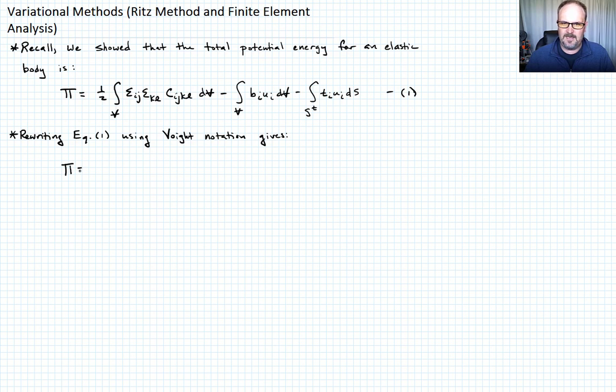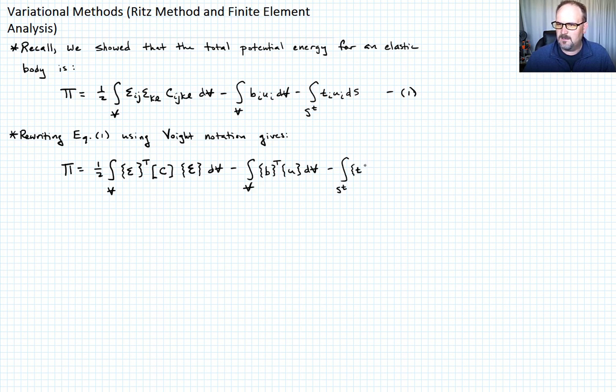Here we'll say pi is equal to 1/2 integral over the volume, except now instead of this epsilon ij term, we're going to have the strain vector, epsilon transpose, times the stiffness matrix C, which is 6 by 6, times epsilon, dV, minus the integral over the volume of B transpose times U dV, minus the integral over the traction surface of T transpose times U dS.